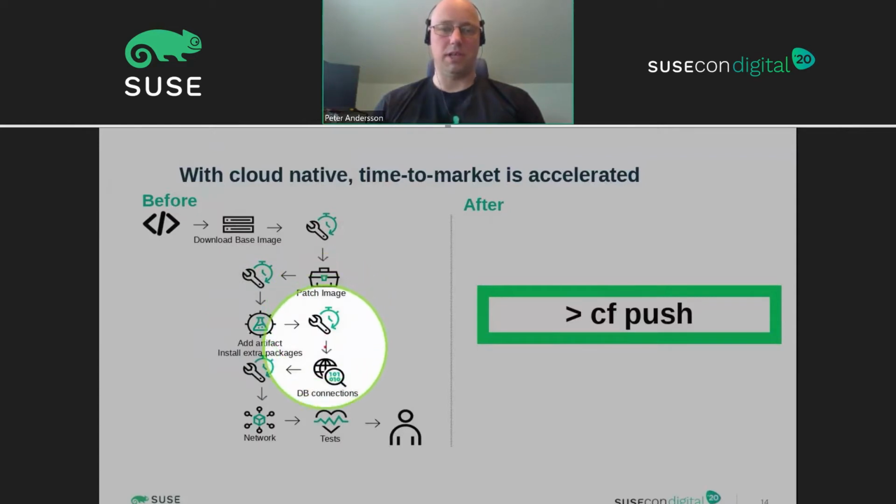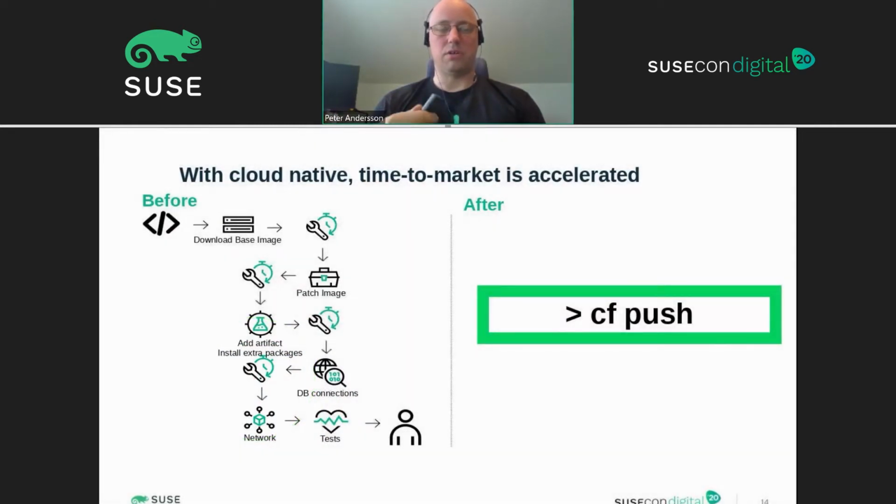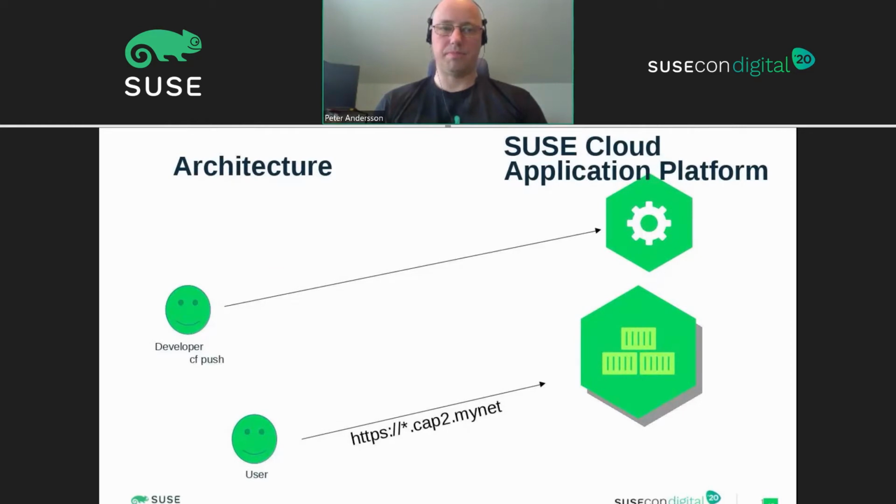You might need to connect it to the database, you set up the network connections and so on. All of these stages are actually changed to cf push instead. So you don't need to do all these steps. That is taken care of by the platform. So that is actually what PaaS is all about, platform as a service.